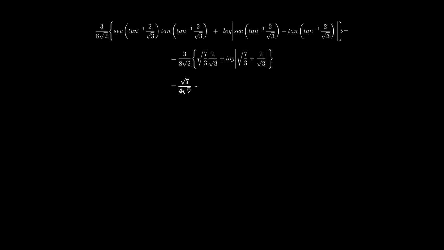And therefore that can be simplified into root 7 over 4 root 2 plus 3 over 8 root 2 logarithm of 2 plus root 7 over root 3.